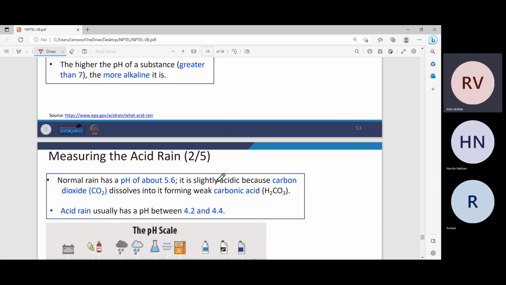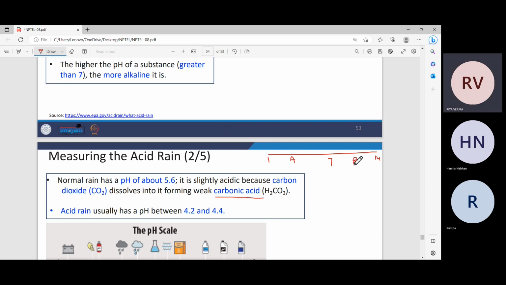But due to the formation of carbonic acid, the pH shifts towards the acidic range. On this scale, here we have 14, here we have 1, this is your acidic range, and this is your basic range.